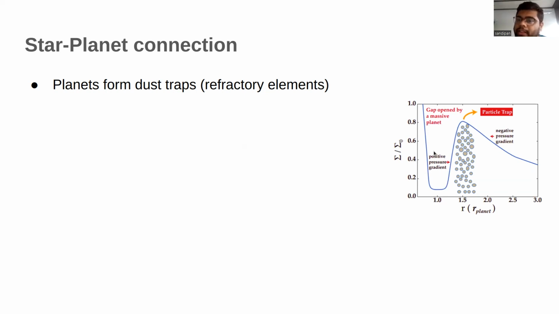So you will see that the density at that particular radius will be low, and in other places it will be just the same. So what will happen due to this gap in the disk, the dust particles which are present.